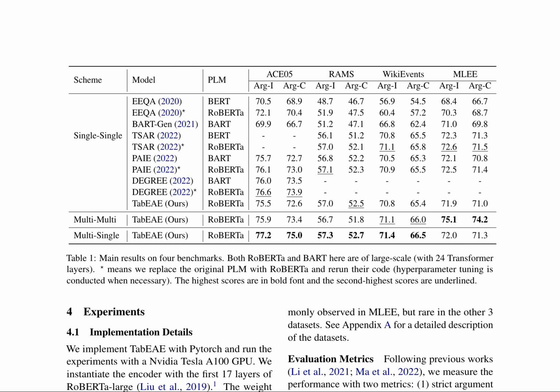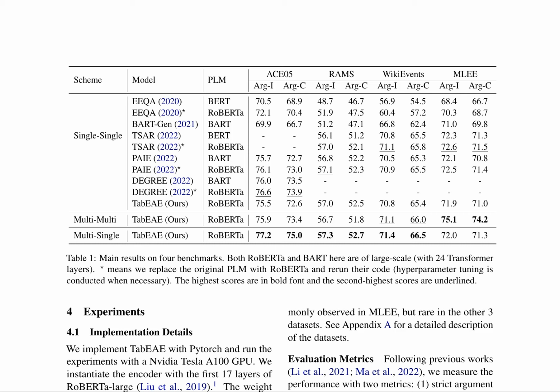The research paper introduces TabEAE, a novel approach to event argument extraction (EAE) that leverages a large-scale pre-trained language model (PLM) and a specifically designed decoder to extract event arguments from unstructured text.